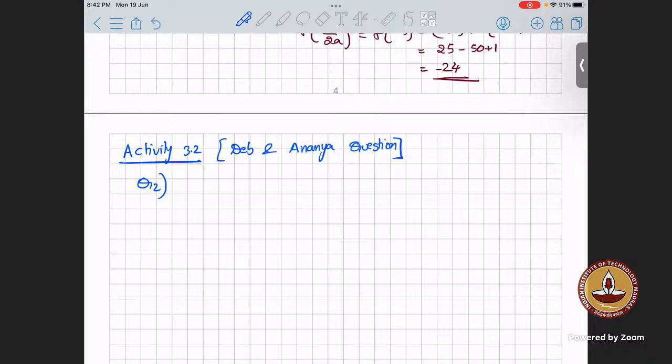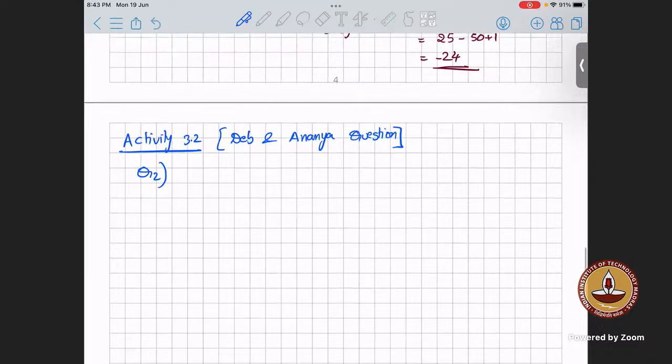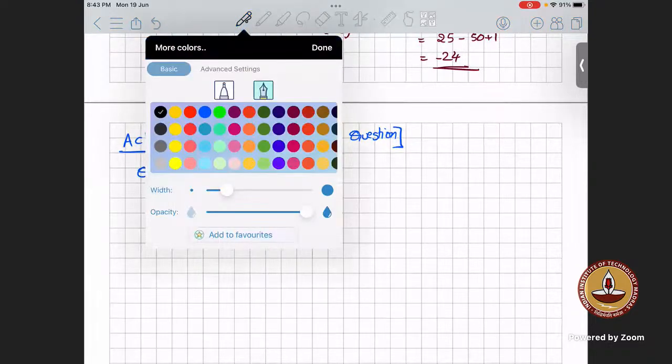Look, Deb and Ananya bought 20 toys together. Let us write a basic equation.